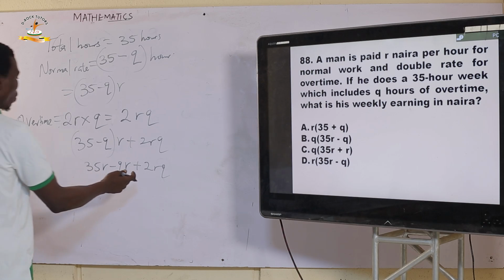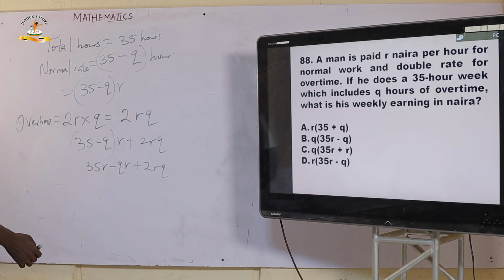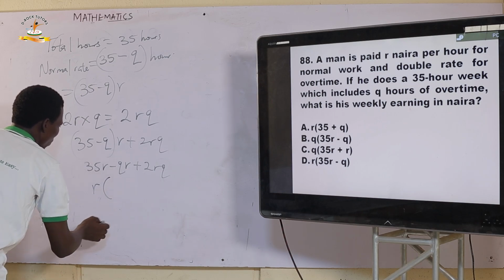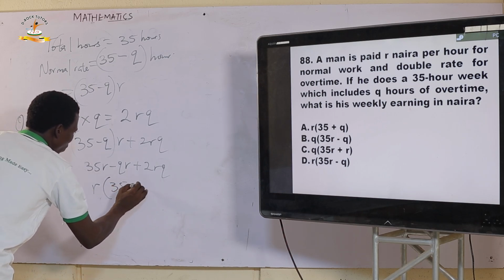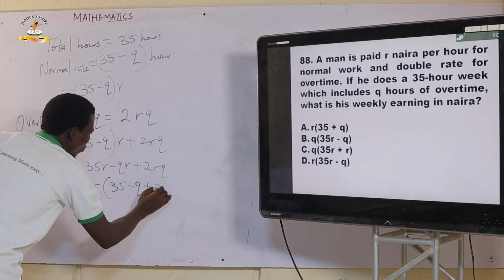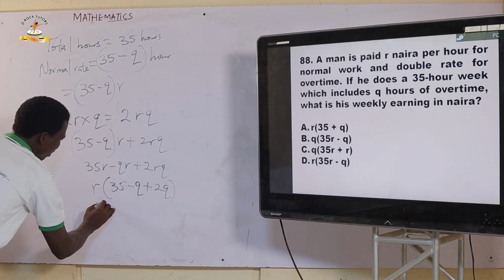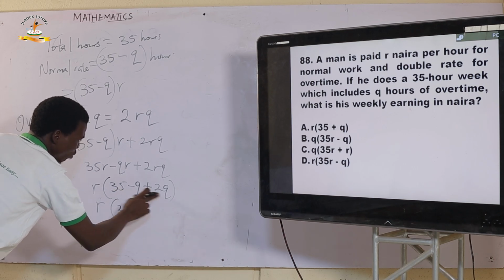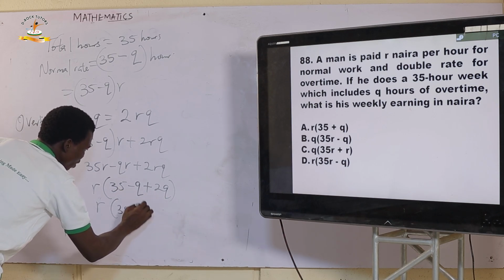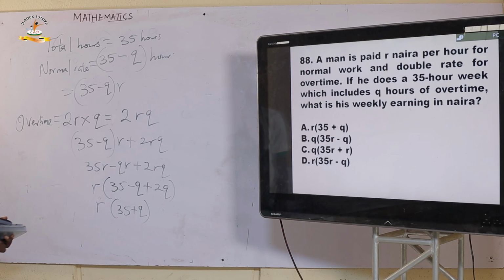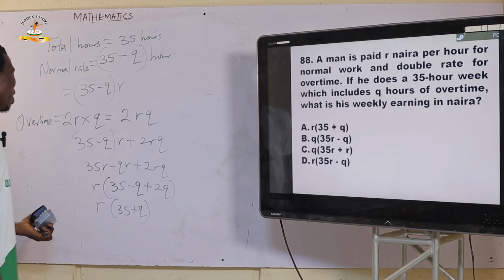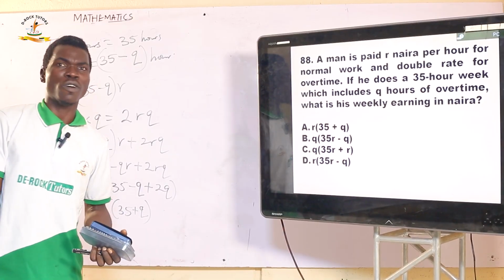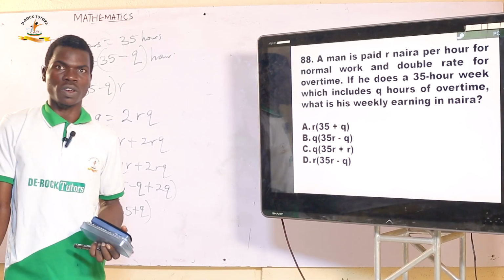If we bring out our R, we're going to have R times 35 minus Q plus 2Q. 35 minus Q plus 2Q is just 35 plus Q. So my answer is going to be the total pay is R into bracket 35 plus Q. That is the first option. Option A is correct for that.